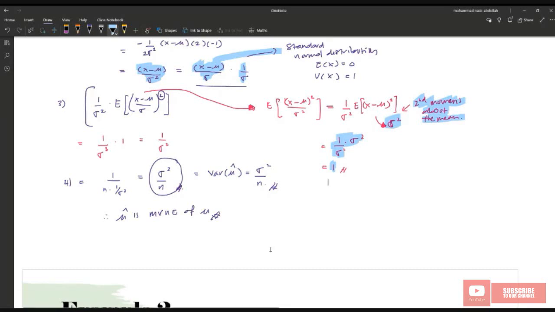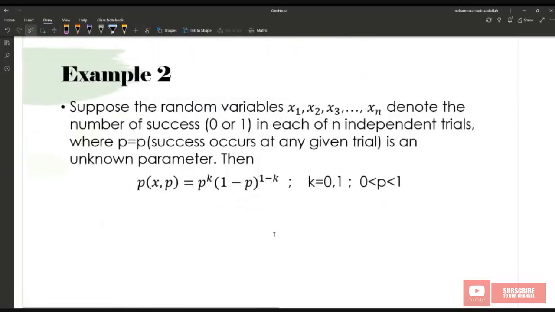So now we look at example number 2. So suppose that the random variables x1 until xn denote the number of success, either 0 or 1.